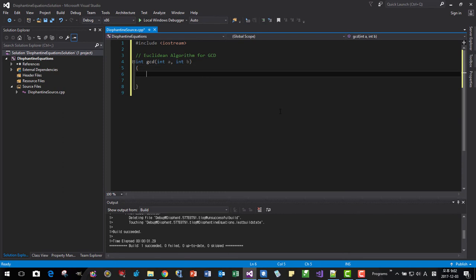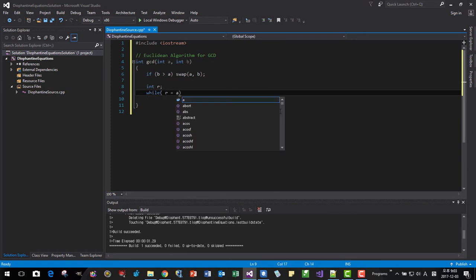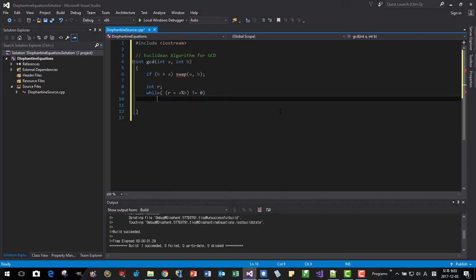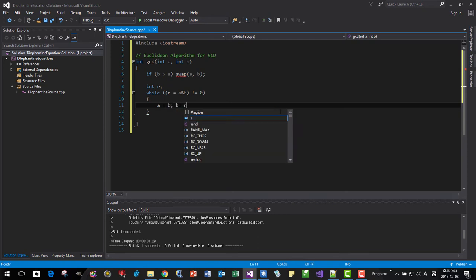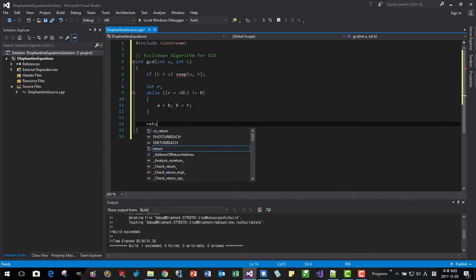I am using a loop. If B is greater than A, then we have to swap A, B. Okay, so here int R, while R equals A modulo B is not 0, then here A equals B, B equals R, then here we return B.